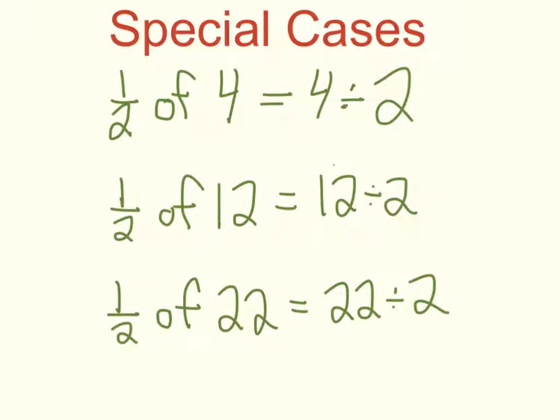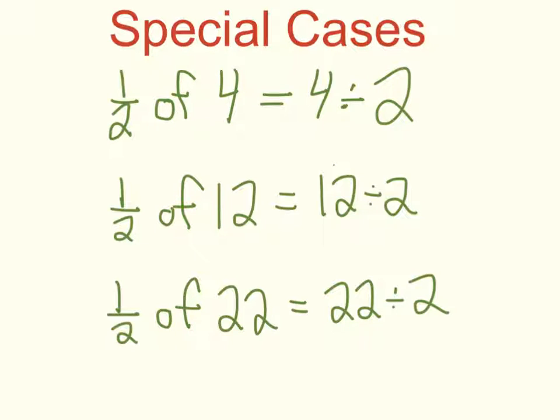Now let's look at some special cases and see if we can figure out the general pattern by looking at them. I've got 3 special cases here of a general pattern. The first one says 1/2 of 4 equals 4 divided by 2. Then 1/2 of 12 equals 12 divided by 2. And then 1/2 of 22 equals 22 divided by 2.